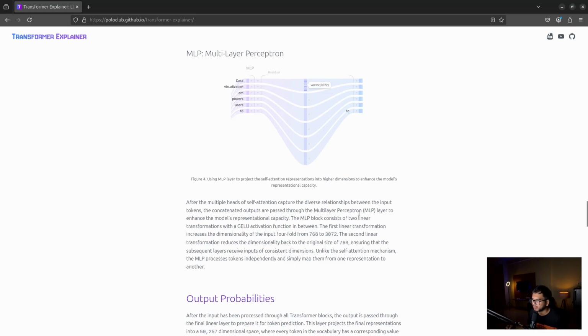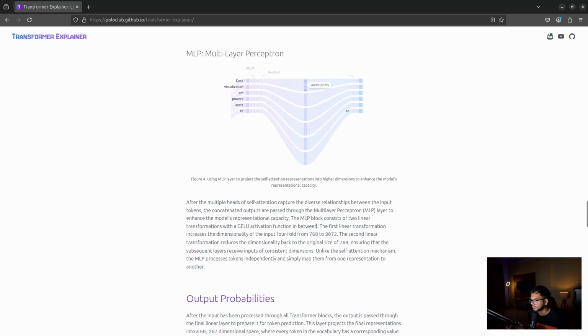This name is a little bit complex, but this is nothing but a feed-forward network. What it does is increase the dimensionality and then decrease the dimensionality again.